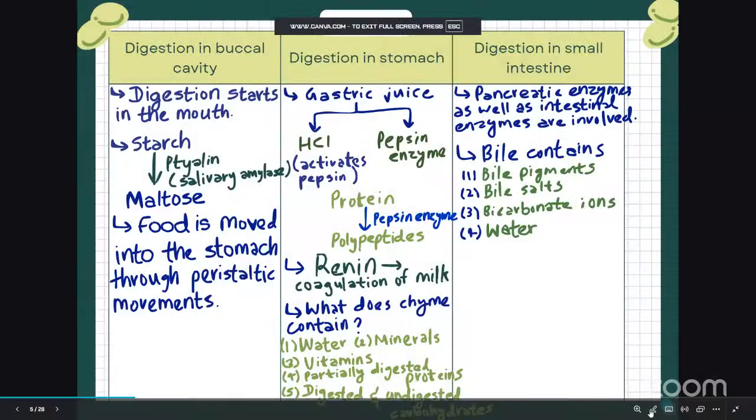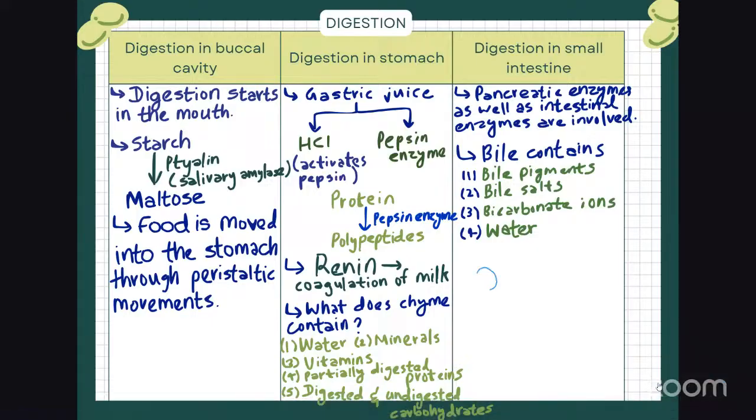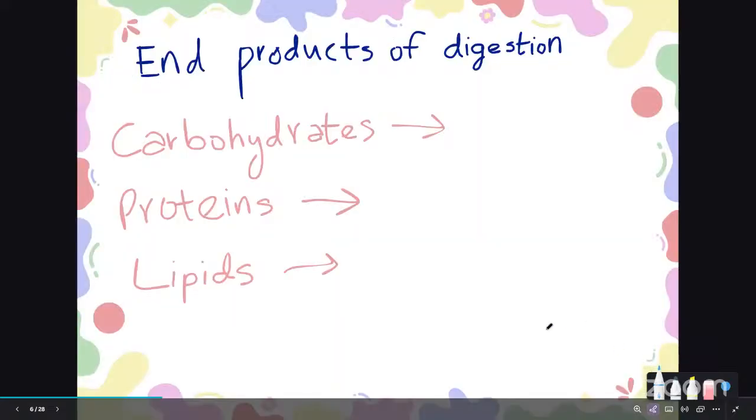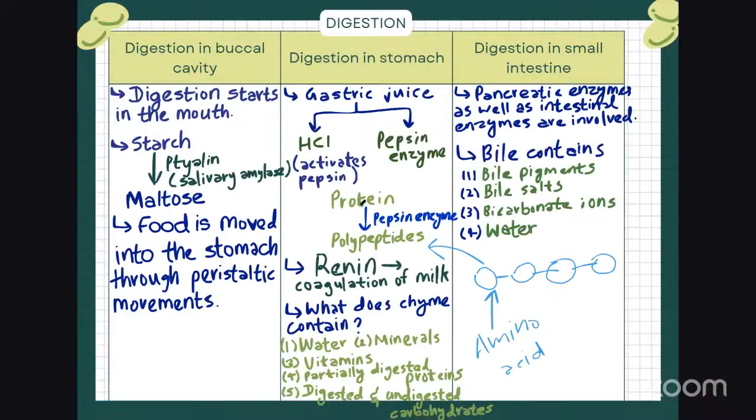Protein is made up of small chains like this. If this is one amino acid, these amino acids are going to be forming chains like that, right? That chain is called a polypeptide. So now protein is broken down into this polypeptide. It's not entirely converted. It's just breaking down and giving us polypeptides, right?